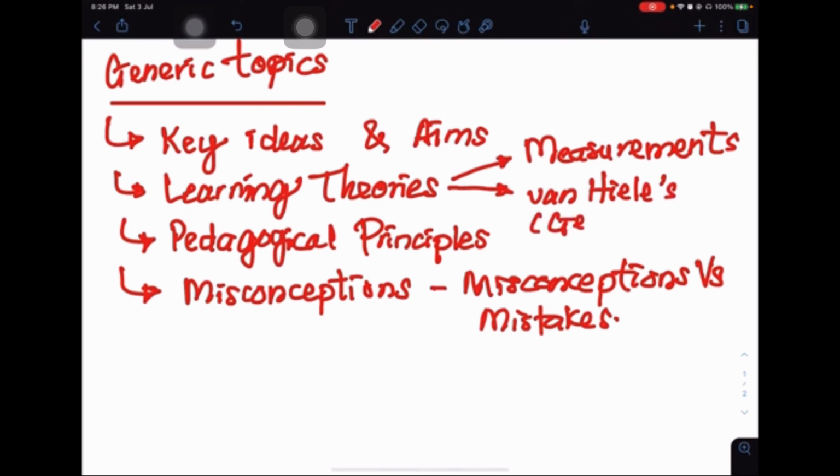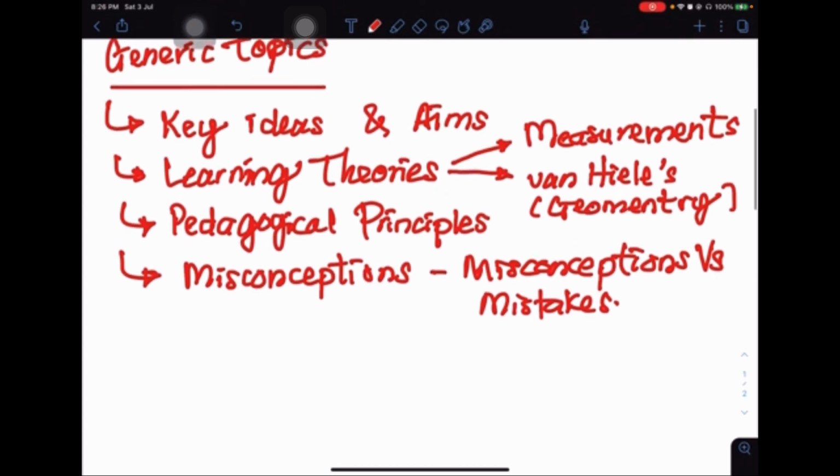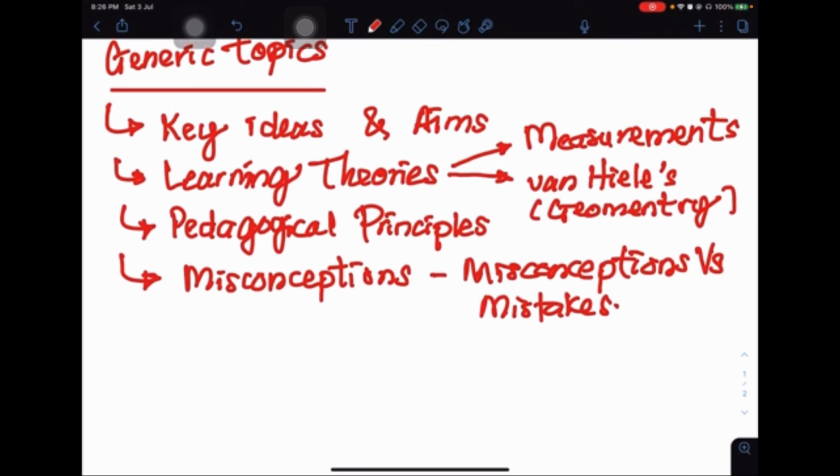So this one is for geometry. Geometry can use all that measurement can use for learning theory, but Van Hiele is especially for geometry.